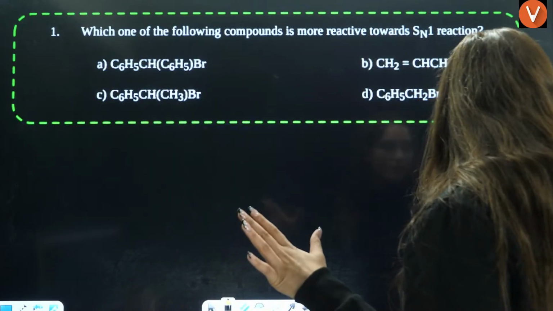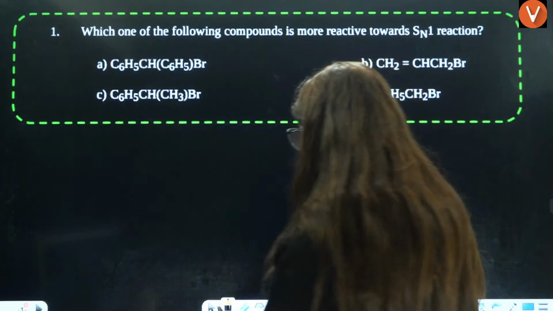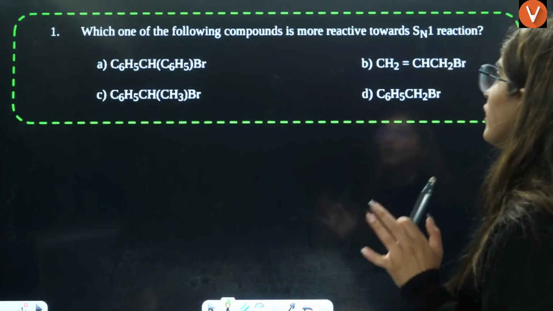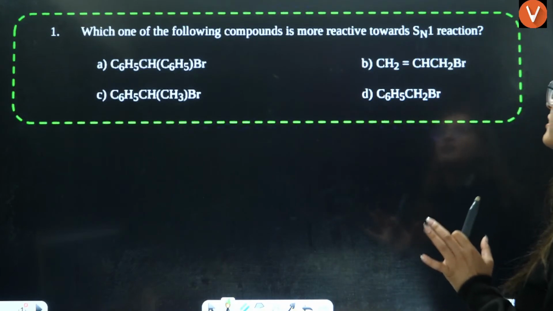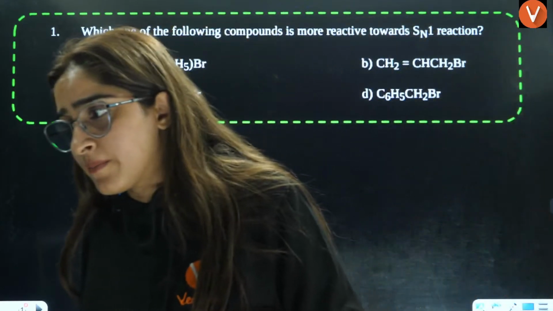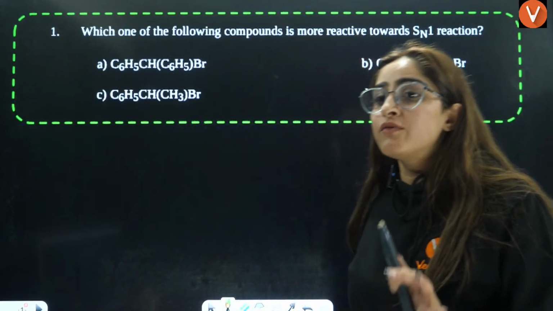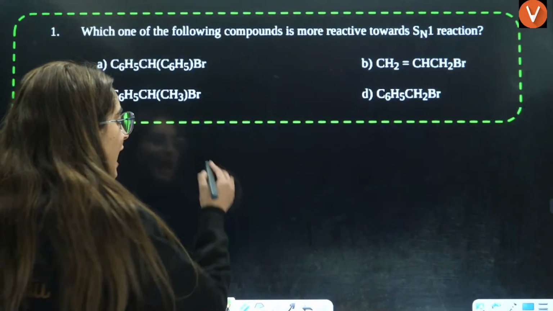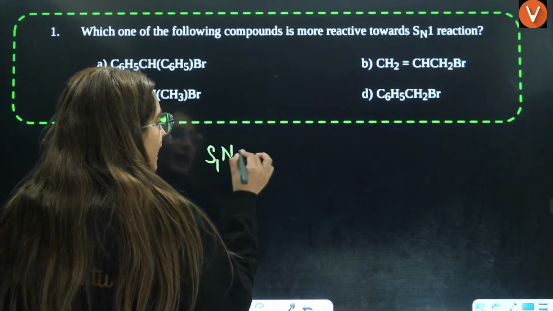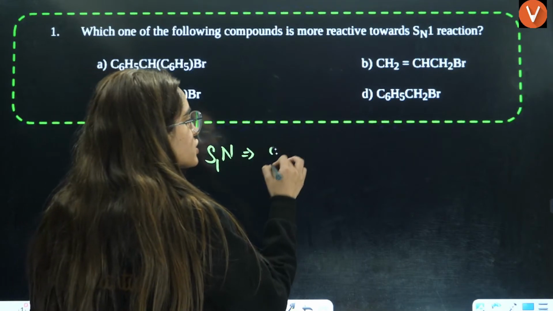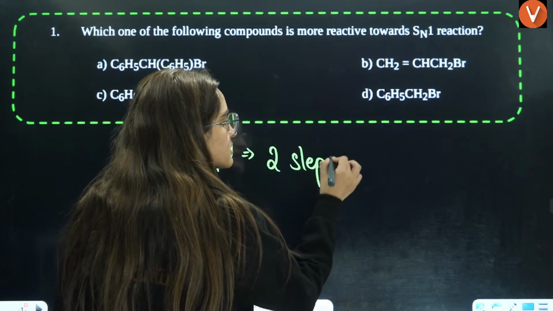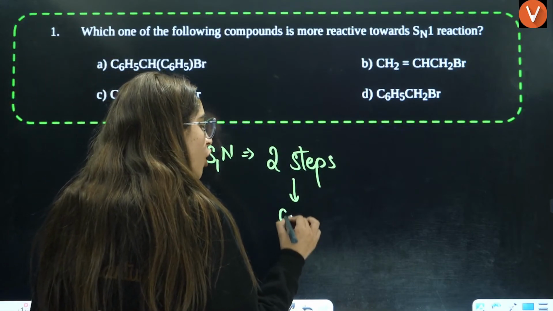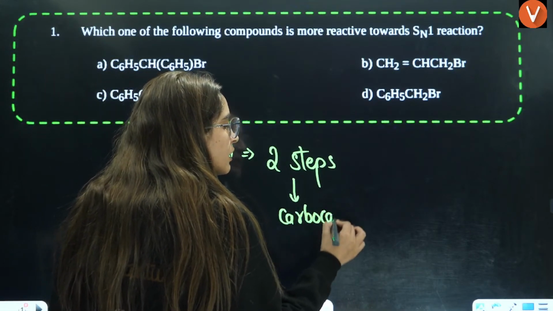The first question on your screen is, which of the following compounds is more reactive towards SN1 reaction? First, you need to tell me that SN1 reaction occurs via two steps, which means it will have formation of carbocation.